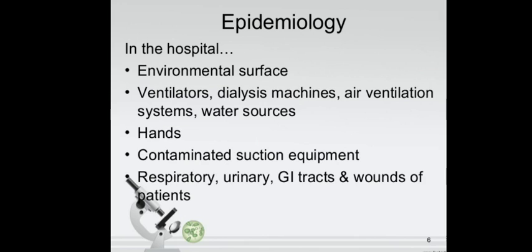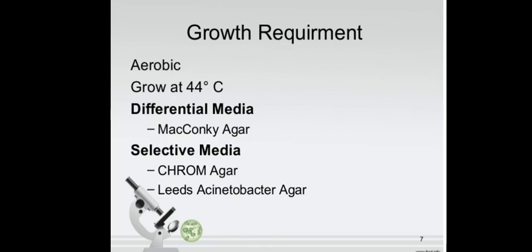Even if a person touches a surface with the hands, or contaminated suction equipment, Acinetobacters can be present there. They are also present in the respiratory tract, urinary tract, gastrointestinal tract, and wounds of different patients. These bacteria may be present.